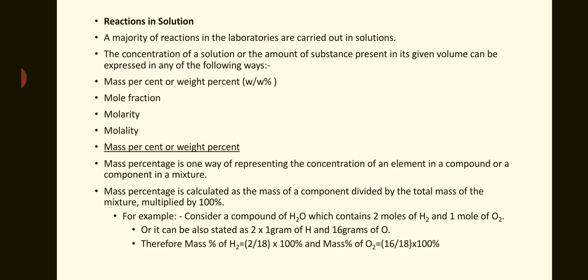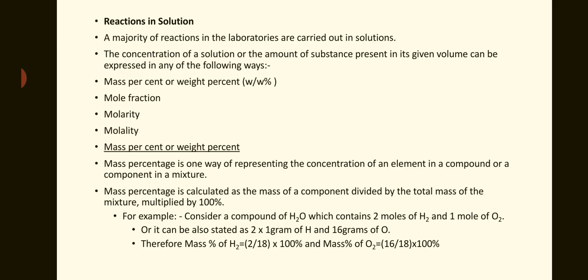Therefore, mass percent of H2 is 2 upon 18 into 100. The contribution of hydrogen atoms in the water molecule is 2 grams, so 2 divided by the total weight of the water molecule, 18 gram, multiplied by 100%.